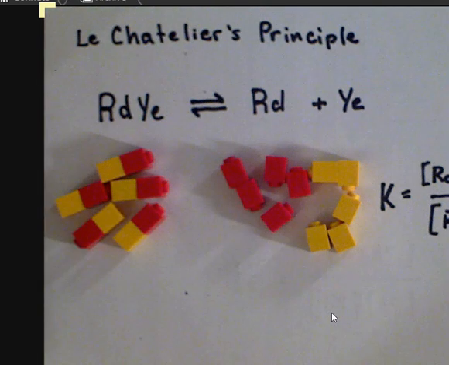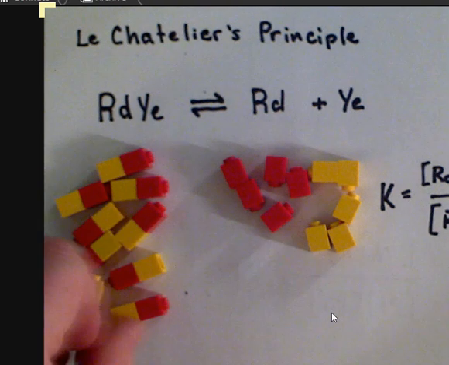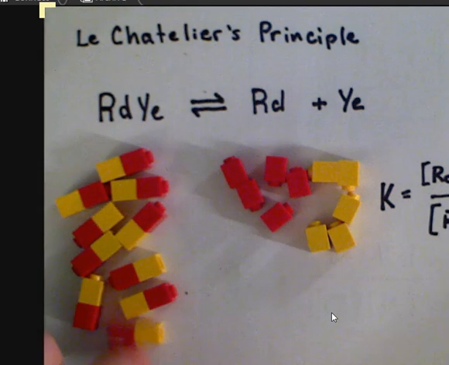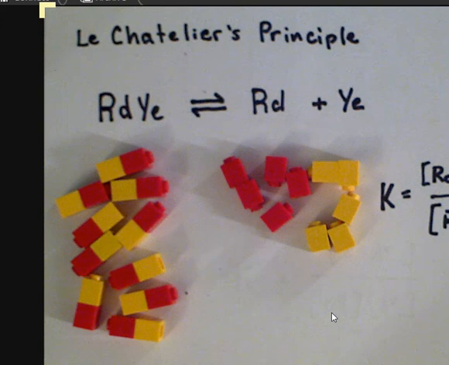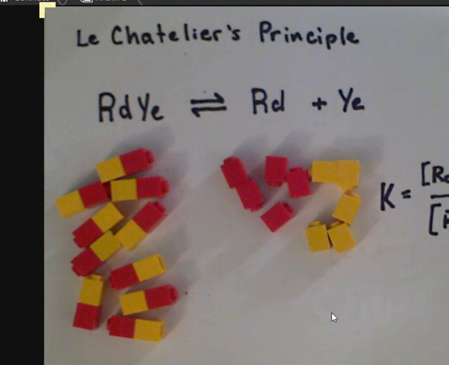For example, we could add to the left side of our reaction. Right? We could pile in some more RDYE. Okay? So what we've just done is we've increased the concentration of the RDYE, which now means we no longer have K, right? We have Q.